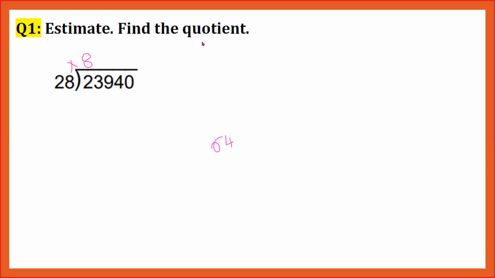I have to write the 4 down, the ones down, and the tens up. Then 8 times 2, 16 plus 6, 22. Then after multiplying, I will subtract. 9 minus 4 is 5, and 3 minus 2 is 1.